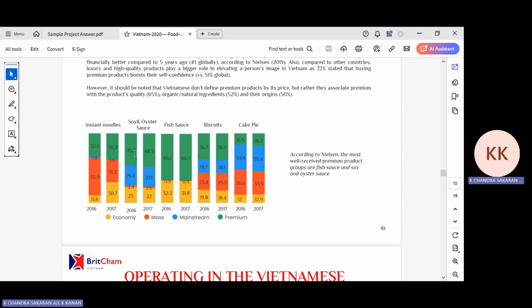Premium is the green color one. Mostly what? Fish sauce and what? These are premium products highly demanded in Vietnam. The economy product, which is highly demanded, is this one, or down here. There is 37, noodles.